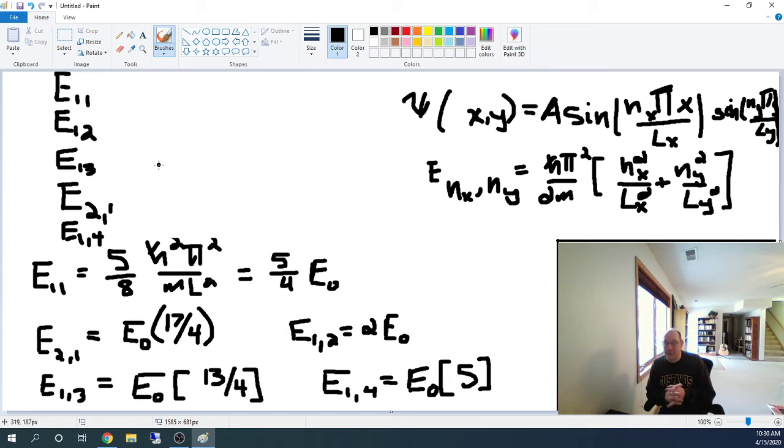You could do it as a three-dimensional problem as well. You can say it's stuck not just in a one-dimensional space, but in a three-dimensional space, and it's got to be contained within that. Probably how you would want to do it is as a central potential, so you'd do it in spherical coordinates instead of the Cartesian coordinates we're dealing with here.